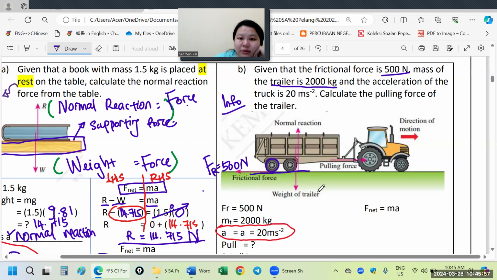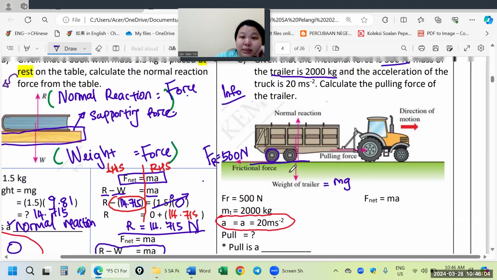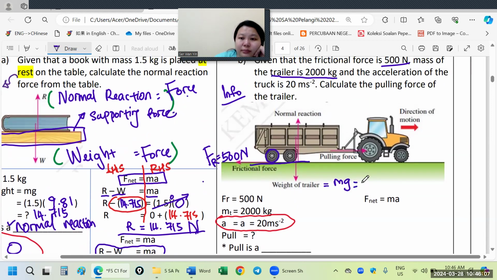So weight of the trailer would be mg, which is 2,000 times 9.81. And the acceleration of the truck is 20 meters per second squared, so we can draw our direction here.